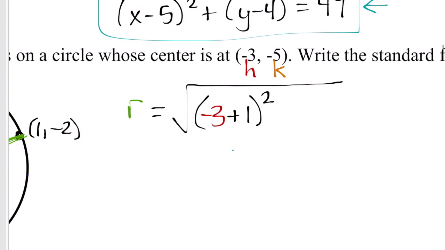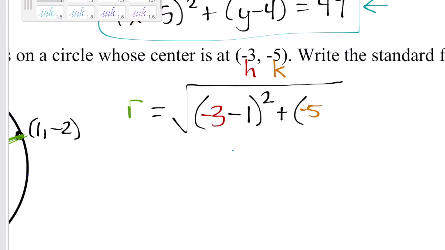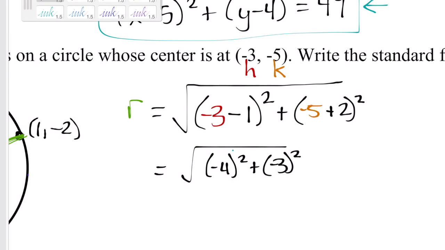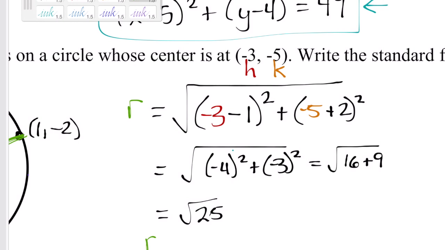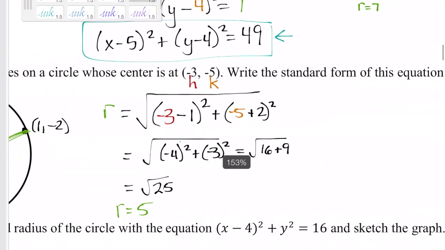Should be a minus sign because we're looking at the distance. So minus that 1. Plus, we're going to do the y values now. 5 minus the -2, so plus 2. And then simplifying. My radius ends up being 5.